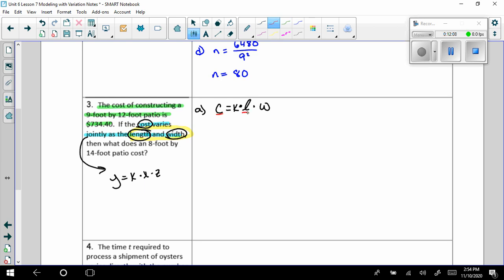And so we have our 3 variables there. All right. We know that the cost of constructing a 9 by 12, so there's our length and our width, 9 by 12, is $734.40. And I didn't leave myself enough room here.